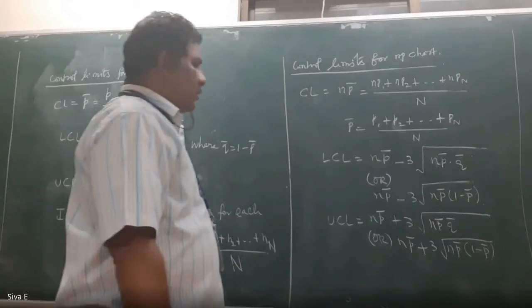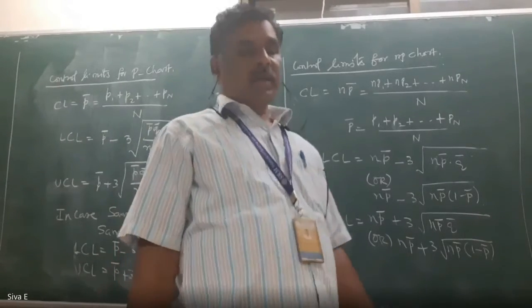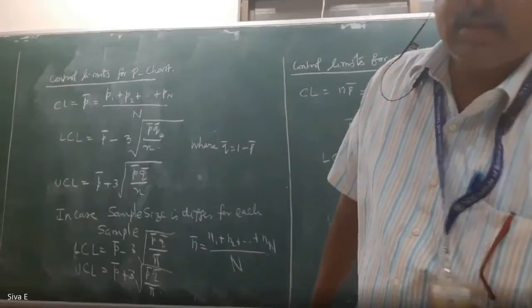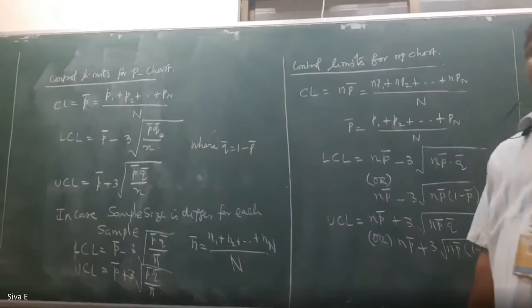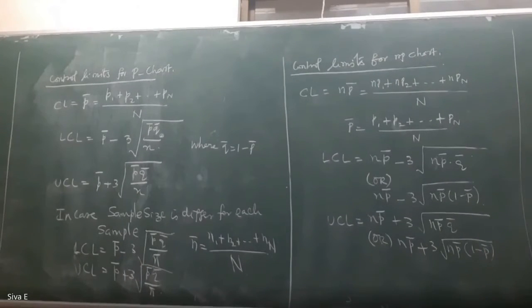You can write it as a note. In case the sample size differs for the samples, you have to draw only the P chart. No need to go for the NP chart.